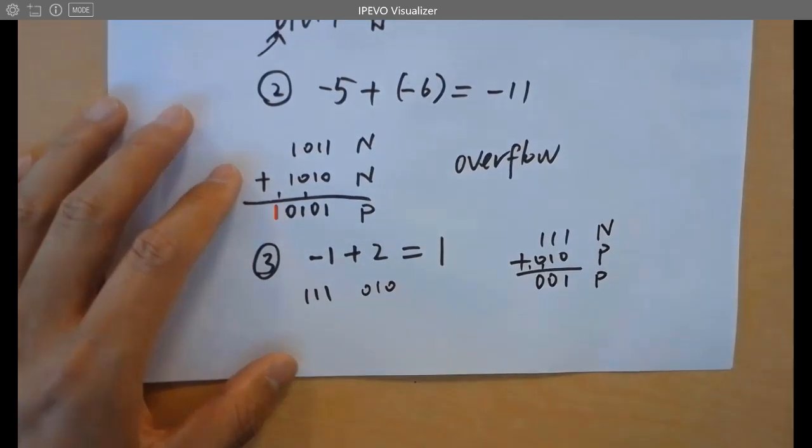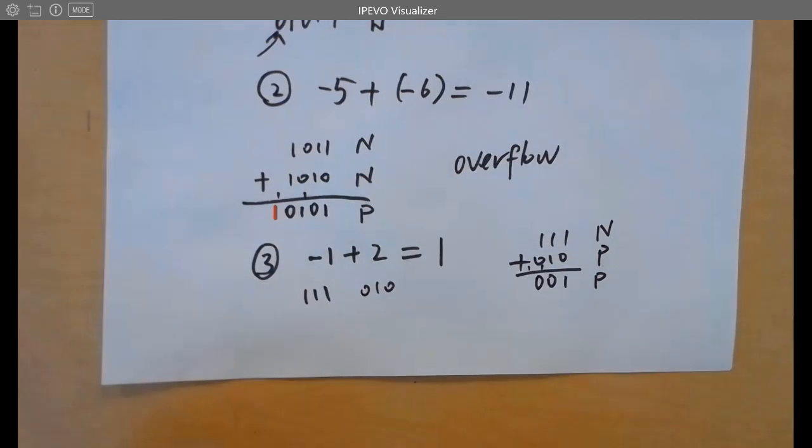Do you have overflow? Wait, N plus P equals P, do you have overflow? You don't. Why? Intuitively, yes, you're reducing the magnitude. So you don't have overflow, which means you do not need one more bit in the front. 3 bits is enough.